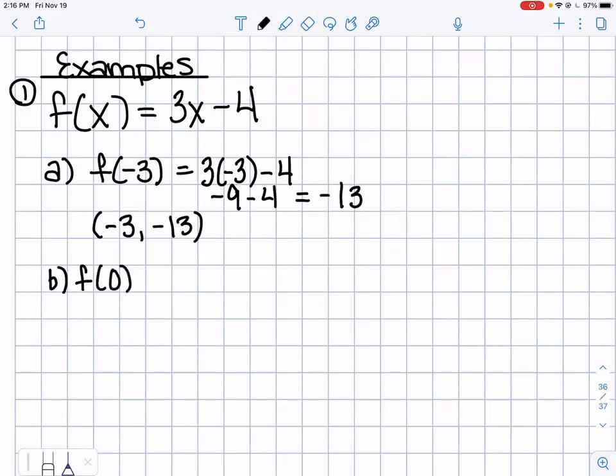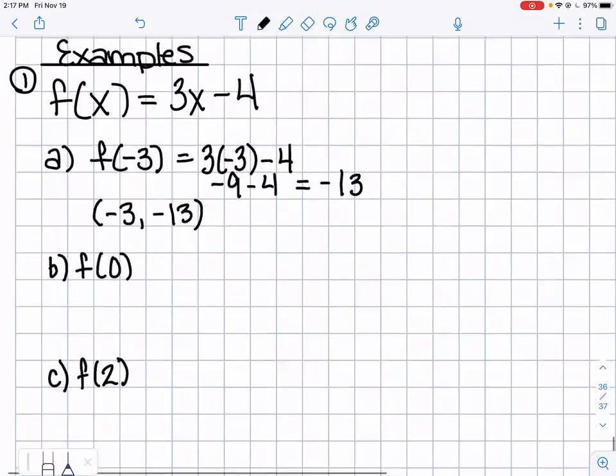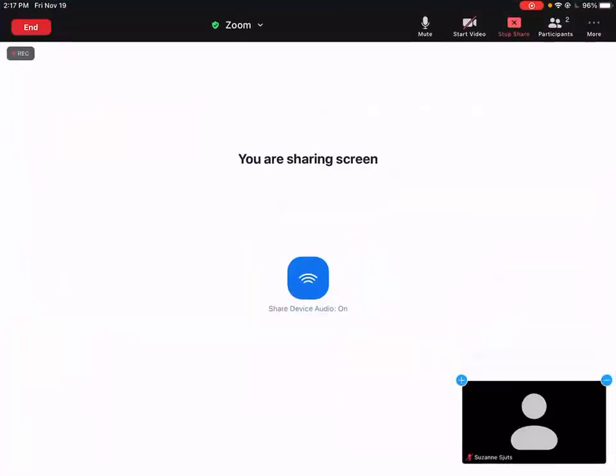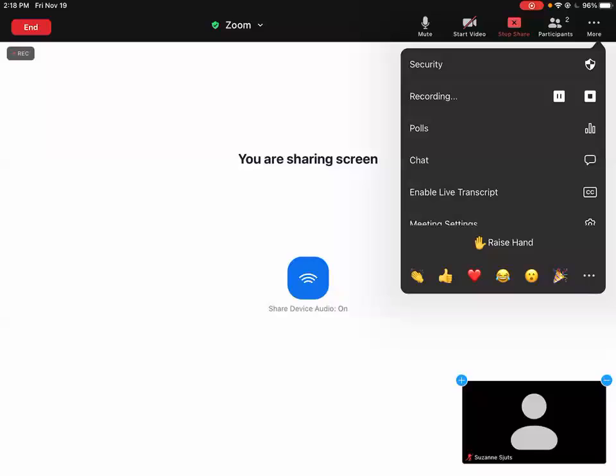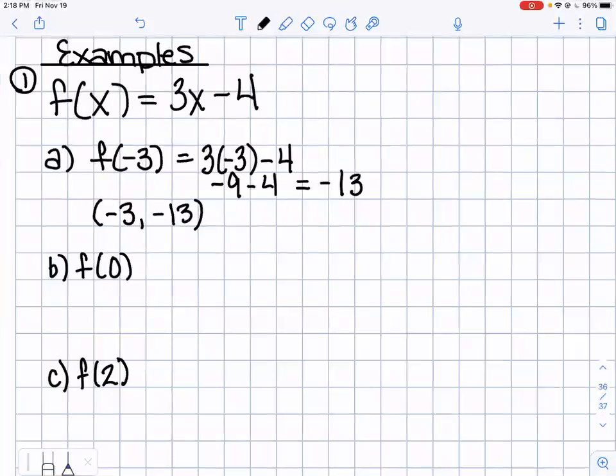Find f of 0 and f of 2. Okay, let's go over this.